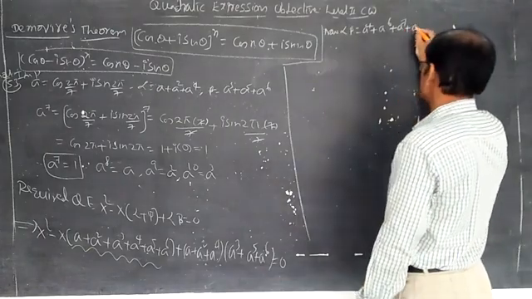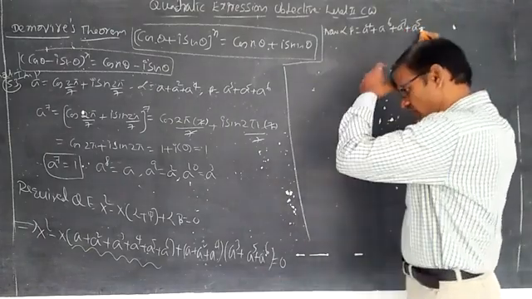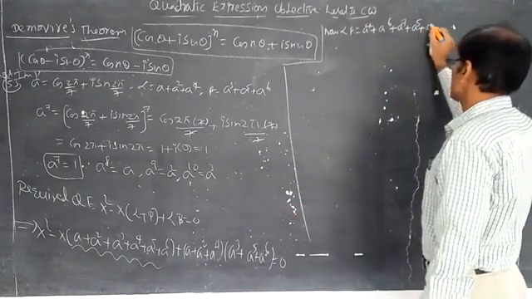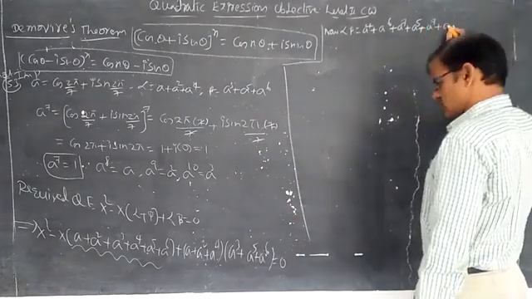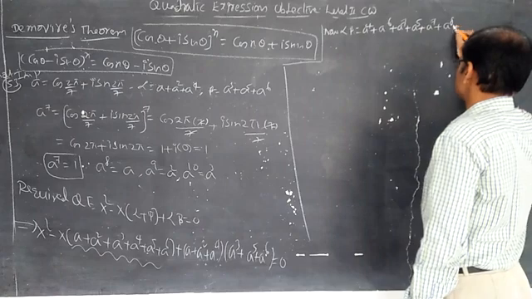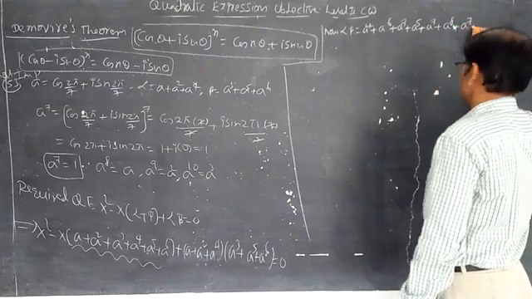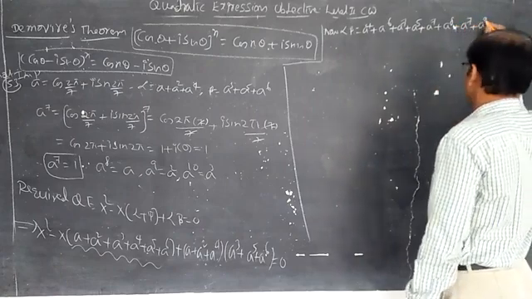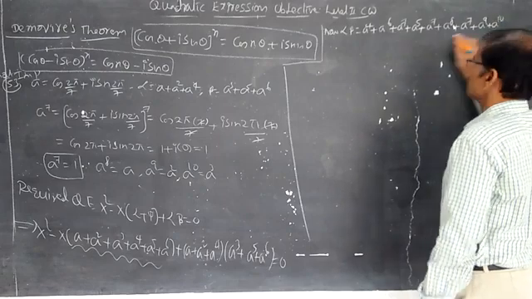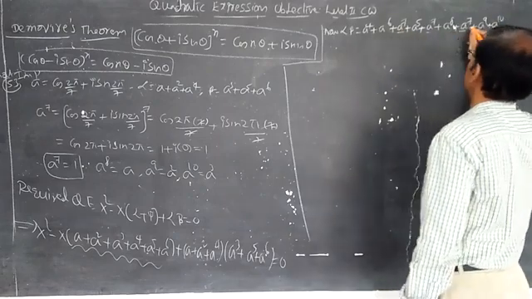Next, multiply with a square: a power 5 plus a power 7 plus a power 8, plus a power 7 plus a power 9 plus a power 10.